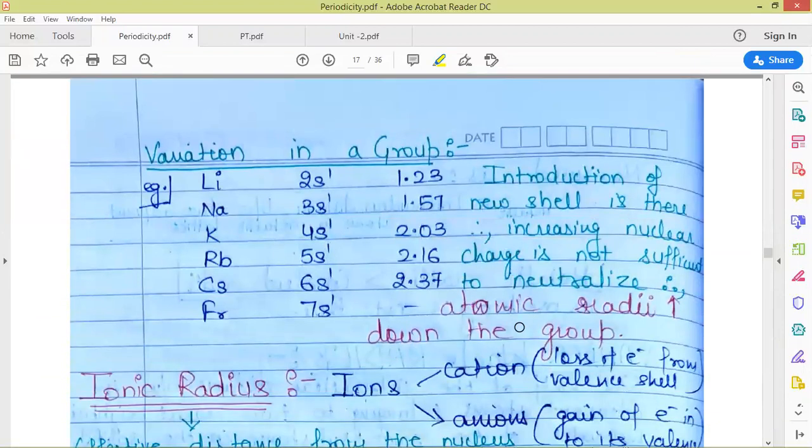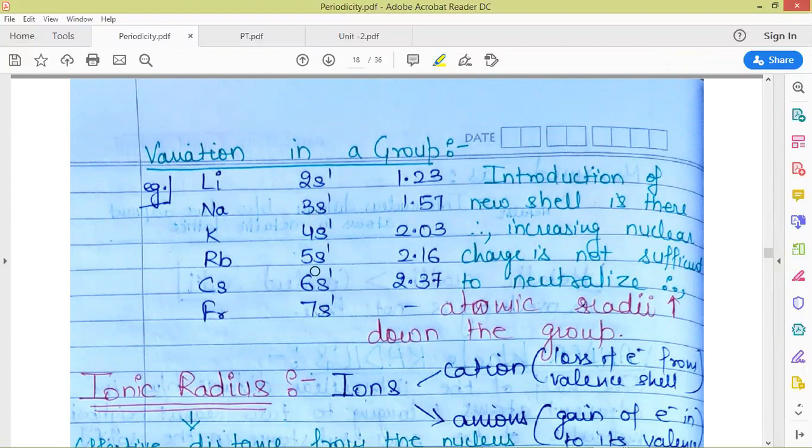Next we can see the variation in the group. Here we have taken the example of the first group, which starts from, hydrogen is not written here. Here this is lithium to francium. Here the outer electronic configuration for all the elements has been written, and this is the value of Z effective. Here we can see that as we move down the group, there is introduction of a new shell.